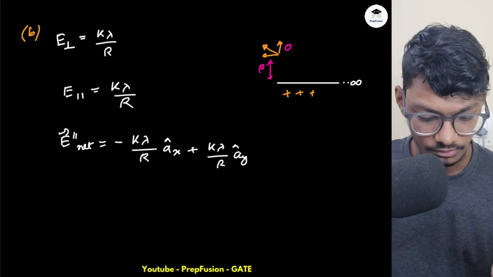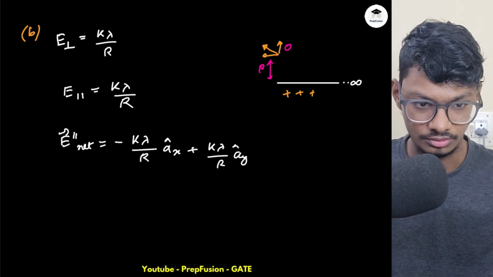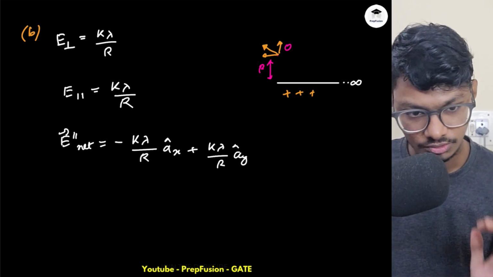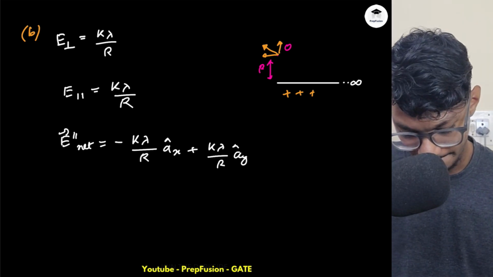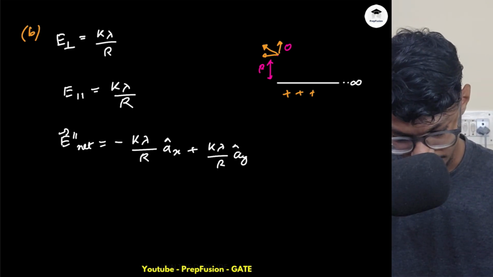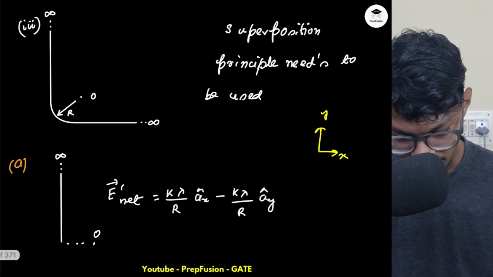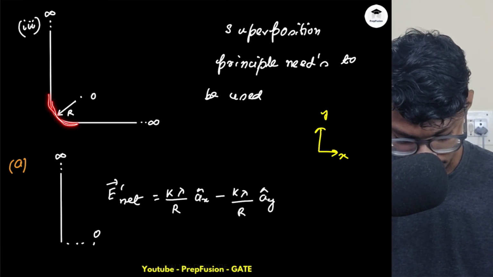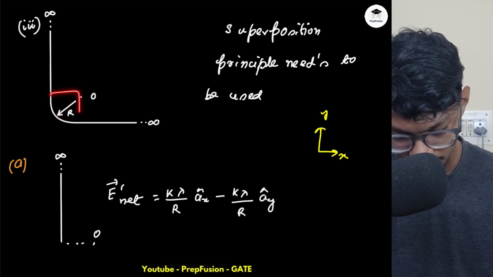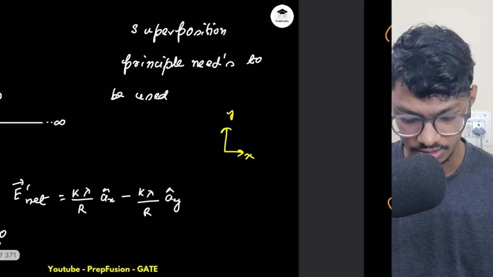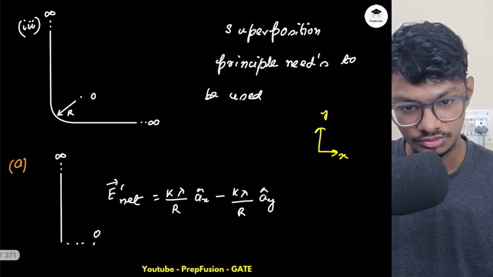Now how do you solve this? So now you write the electric field due to the ring charge. Ring charge will also be interesting now, because this is not a semicircle anymore, this is a quarter circle, 90 degrees. So if this is a quarter circle, how do you solve it?